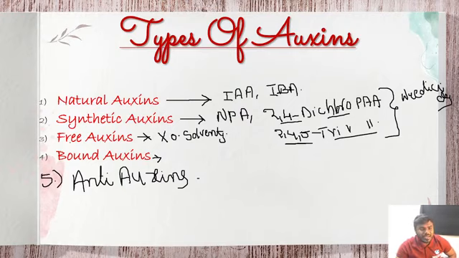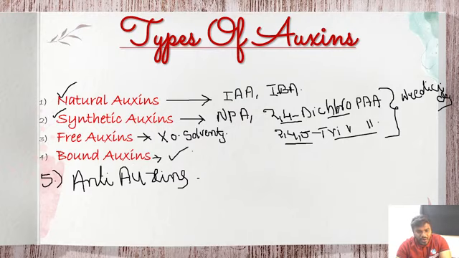Now you can ask me, sir, give me an example for free auxin. I can tell all of you, a free auxin may be natural auxin also, and may be synthetic auxin also. But if this particular auxin is isolated without using any organic solvent, we call it free auxin.